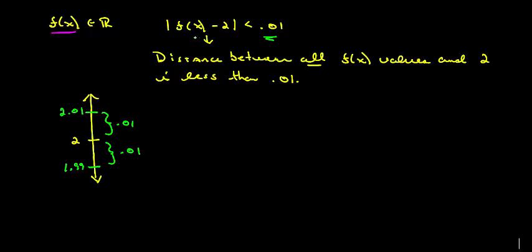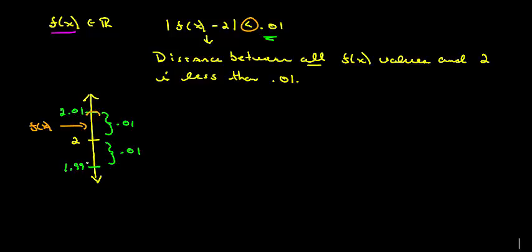So f of x has got to be stuck between these two green lines. f of x is somewhere in there. It's either on this side or on this side. It can't be equal to these green lines because we have it strictly less than.